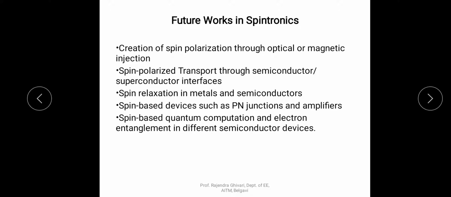Now, the future work in spintronics: creation of spin polarization through optical and magnetic injection, spin polarized transport through semiconductors, spin relaxation in metals and semiconductors, spin based devices such as PN junction and amplifier, spin based quantum computation and electron entanglement in different semiconductor devices.